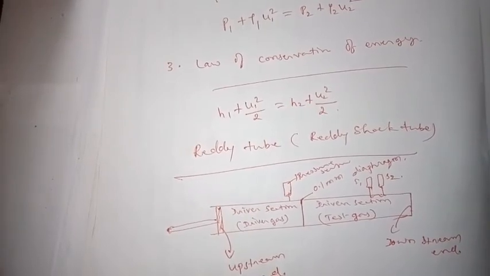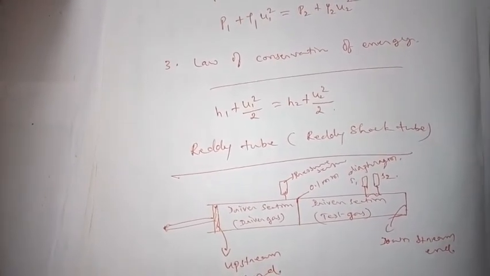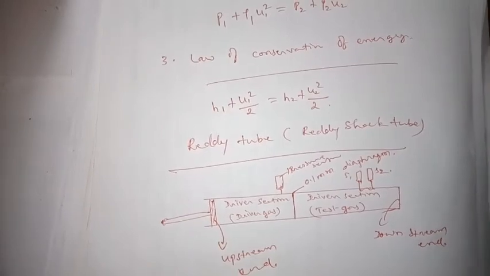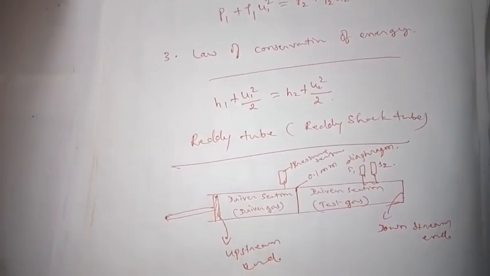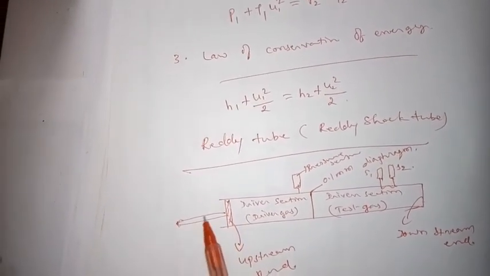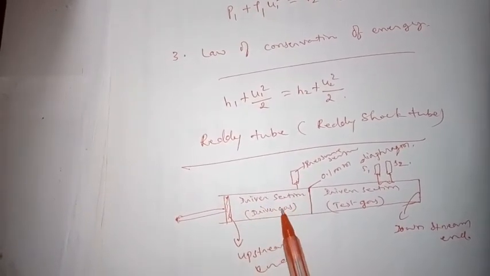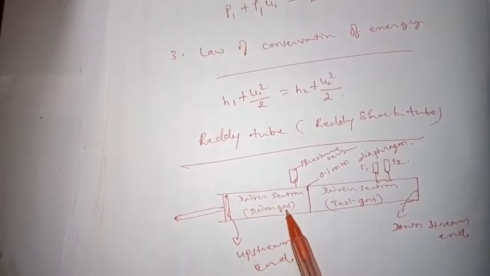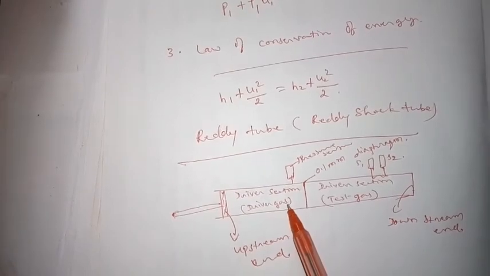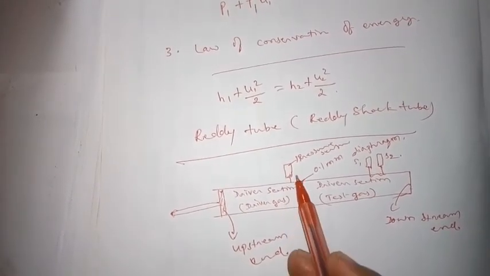Okay. How exactly does it work? Now the piston is pushed, so the gas in the driven section is compressed by pushing the piston hard onto the driver tube until the diaphragm ruptures.